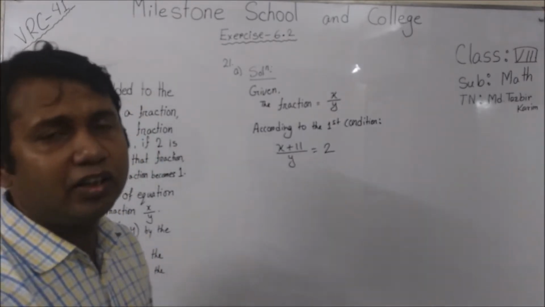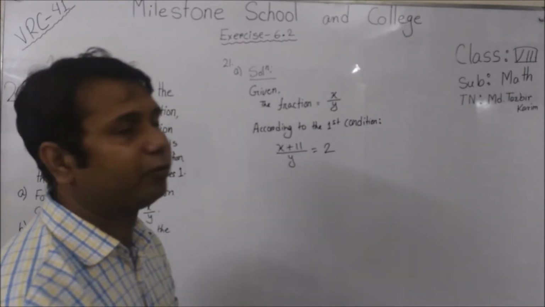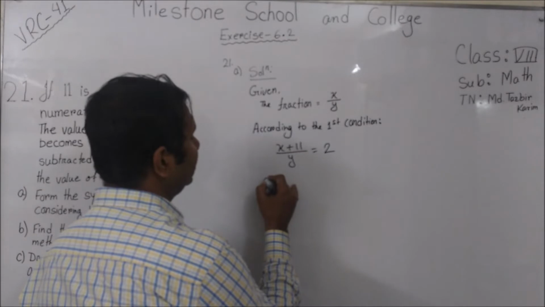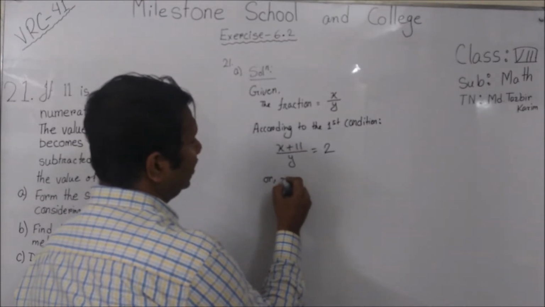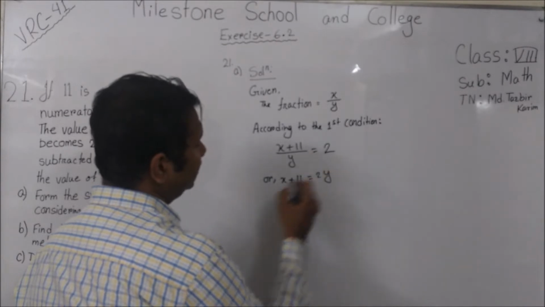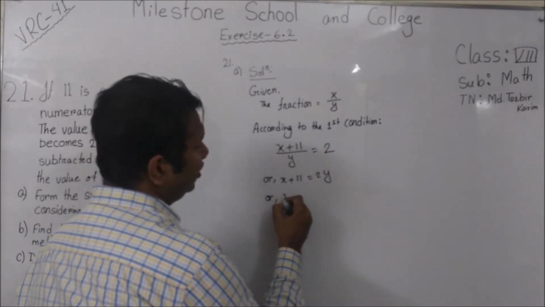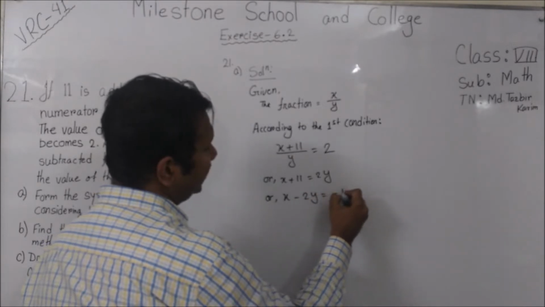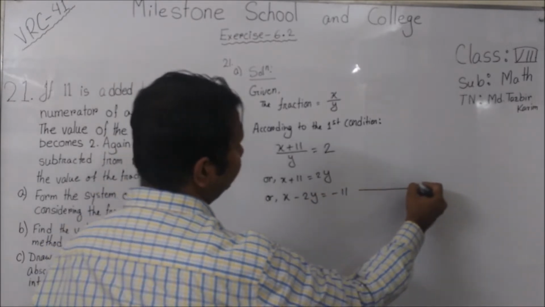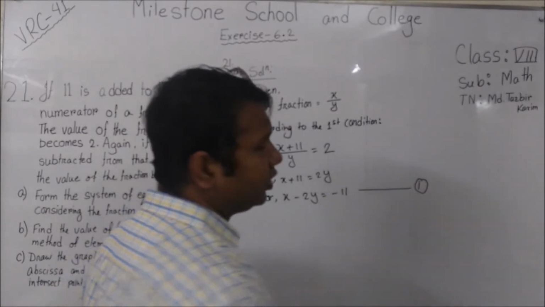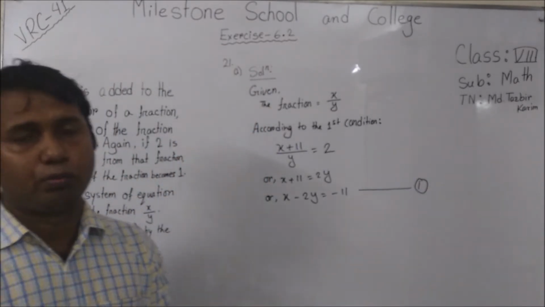This is our first condition. Now we are going to make an equation. So x plus 11 equal to 2y, or x minus 2y equal to minus 11. This is equation number 1.